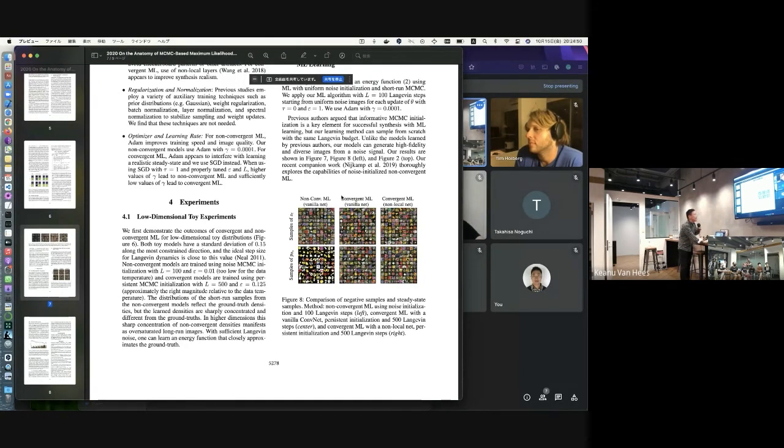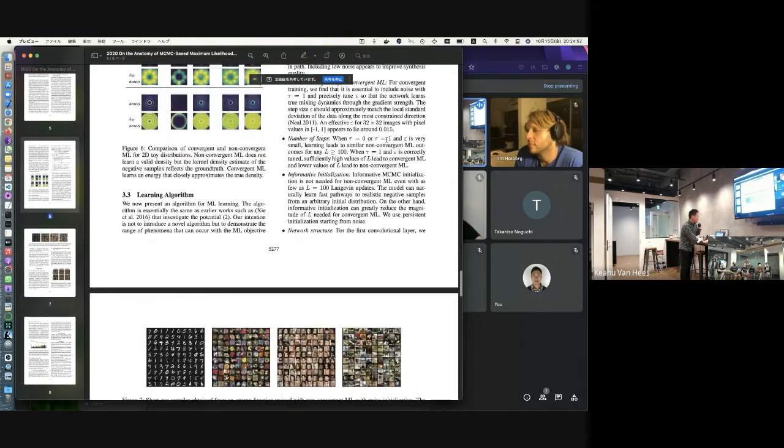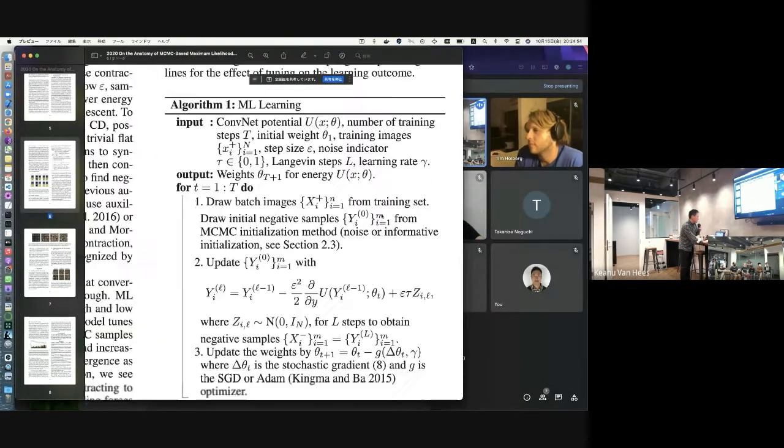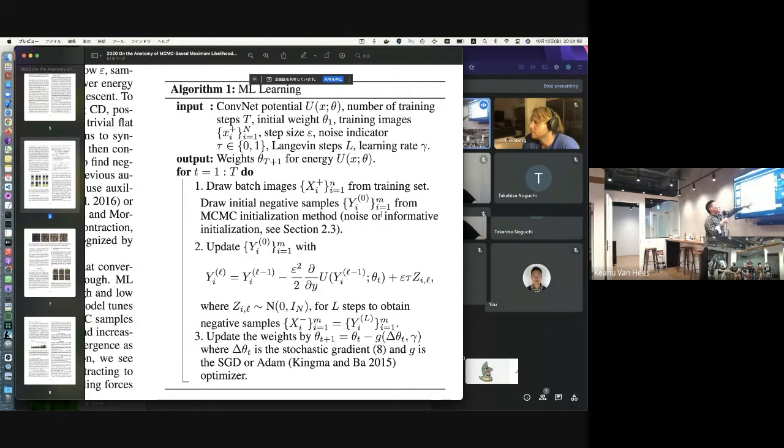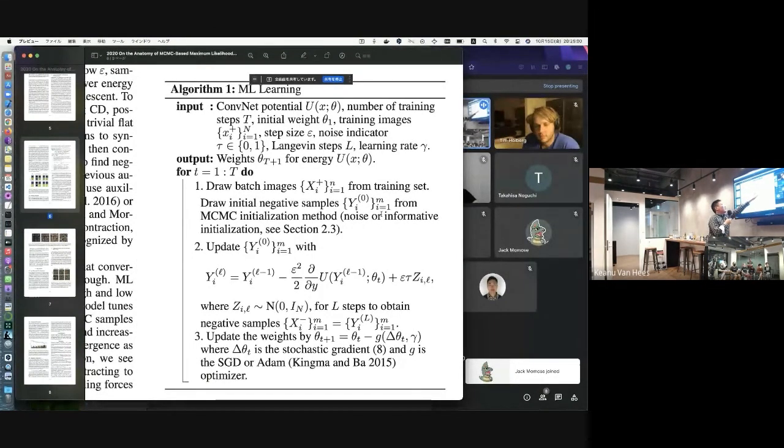But the algorithm is actually a little bit different from ordinary gradient descent. This is the algorithm. It's basically a 3-step loop. Those x plus i's are the images from the training set. You got those images, and then you try to look at the distribution that you learn, which is those y's.